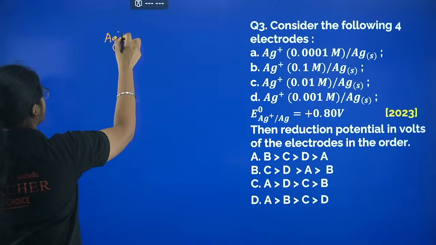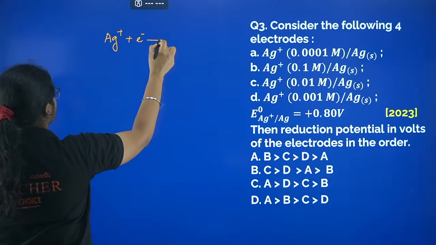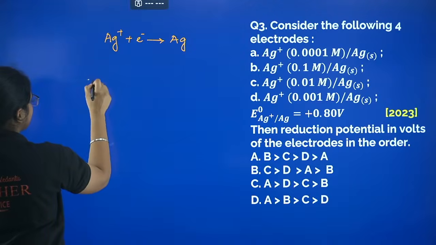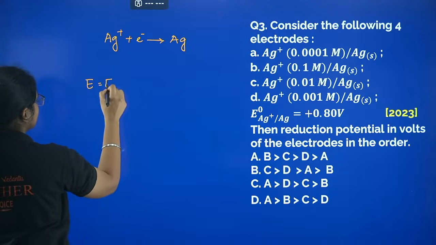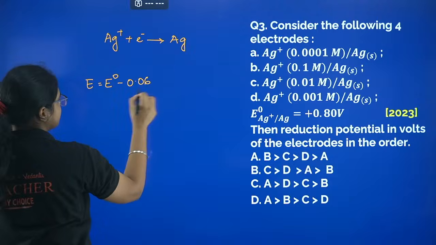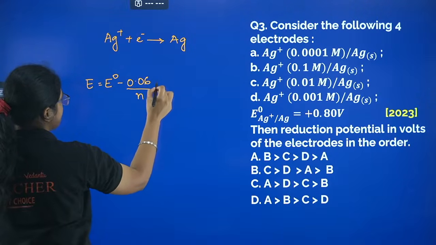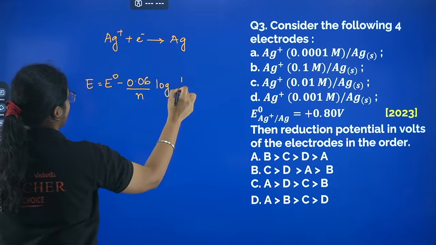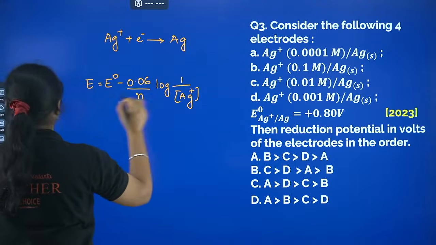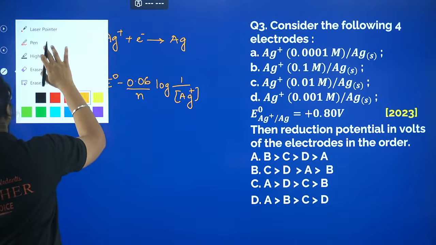Now see, Ag plus plus 1 electron will give me Ag. Now we have electrode potential E equal to E naught minus 0.059, I'll write 0.06, divided by n, log of 1 by Ag plus concentration. Now this n value here is 1.